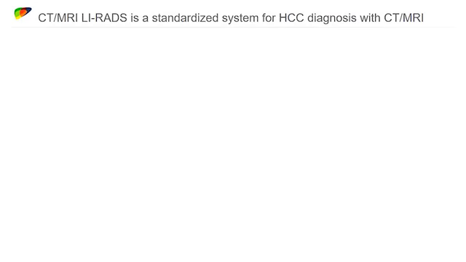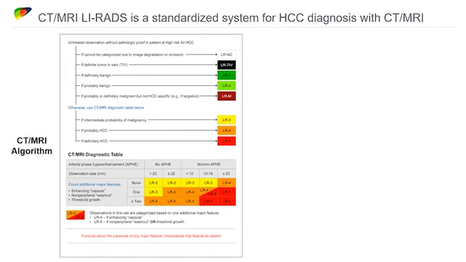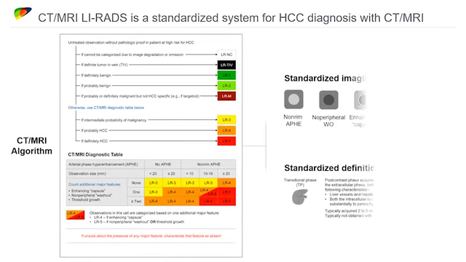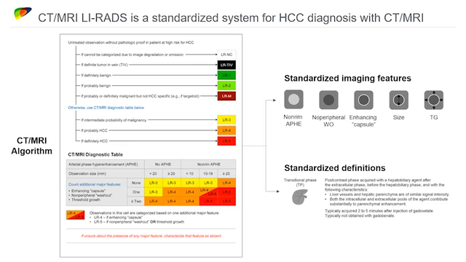I'm going to focus on CT/MRI LIRADS, and it is a standardized system for HCC diagnosis using CT and MRI. We have a CT/MRI algorithm, and we provide standardized imaging features, which we'll discuss a little bit later.